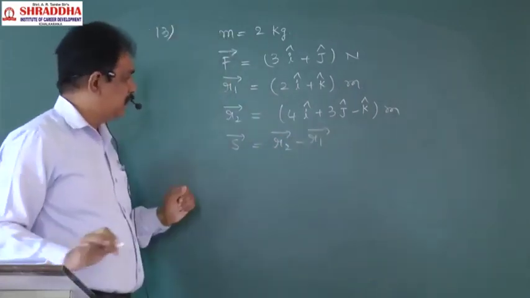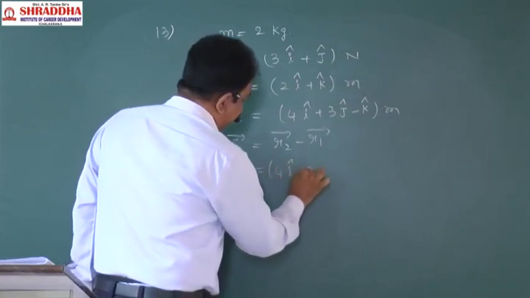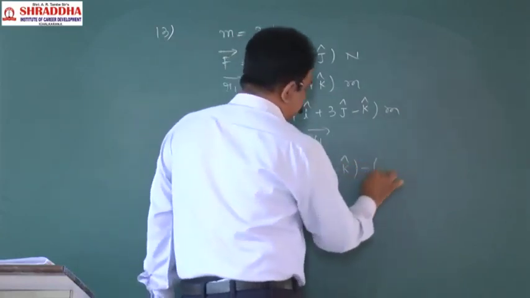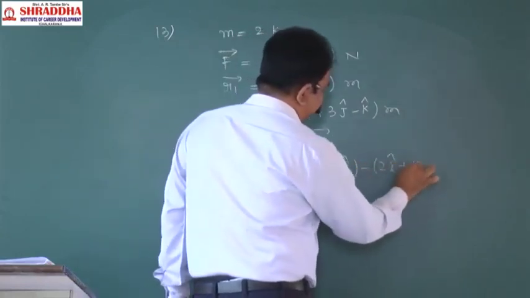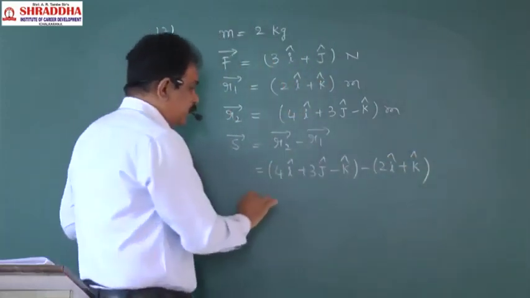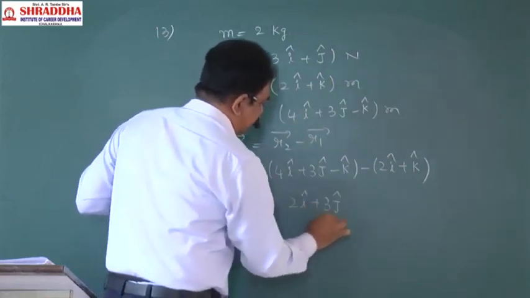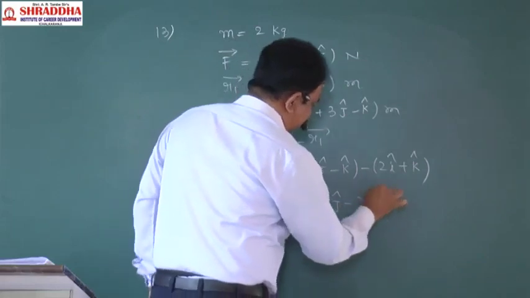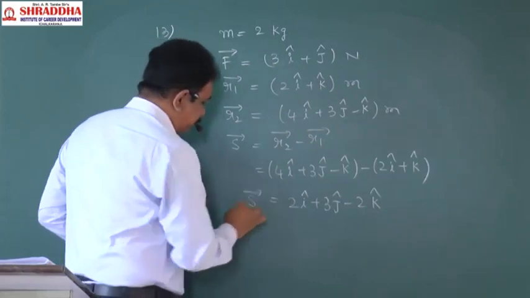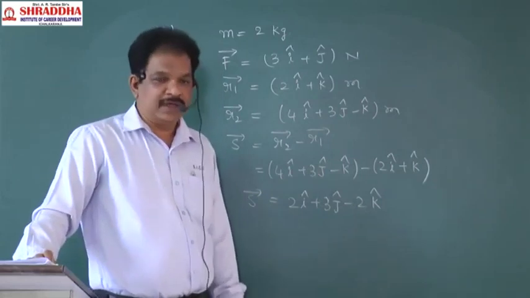This minus this will be displacement: 4i cap plus 3j cap minus k cap minus 2i cap plus k cap. 4 minus 2, this will be 2i cap. This will be 3j cap. This will be minus 2k cap. This is the displacement: 2i cap plus 3j cap minus 2k cap.